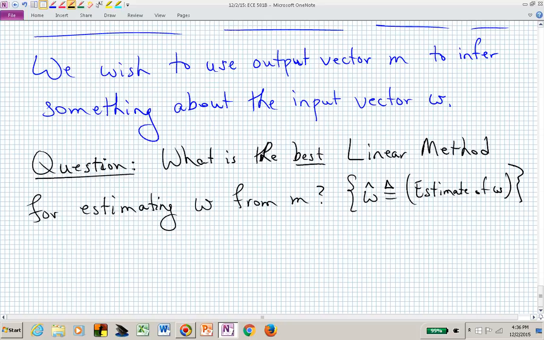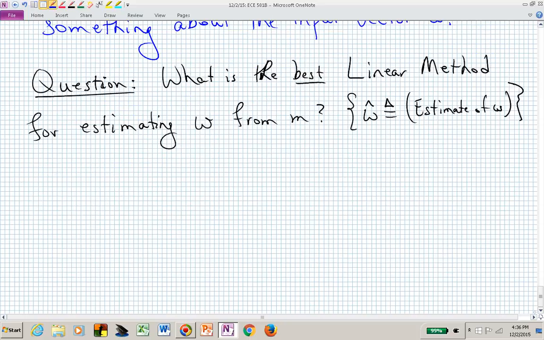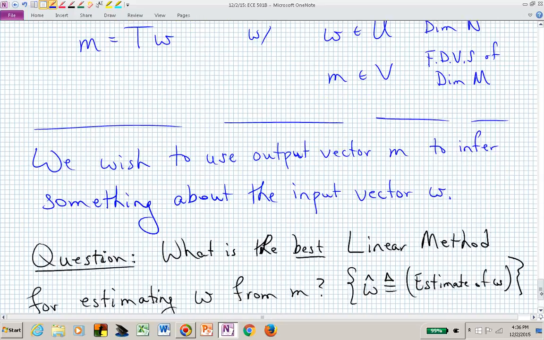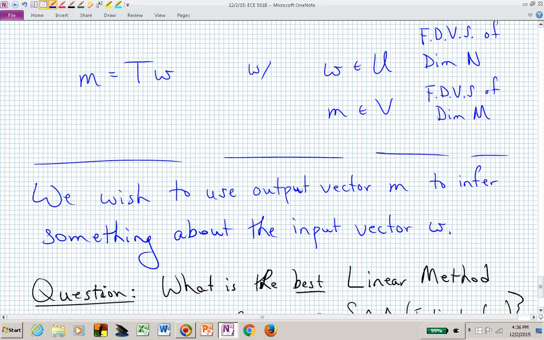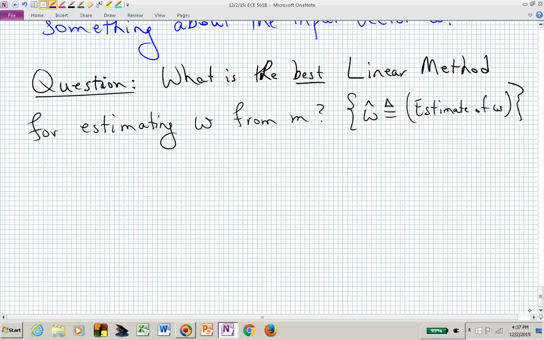So now let's look at some potential answers to this question. We have this relationship between M and W. We want to now try to estimate W when we can't measure or we don't know W explicitly. Let's say answer 1. Suppose that our input space and our output space are the same.